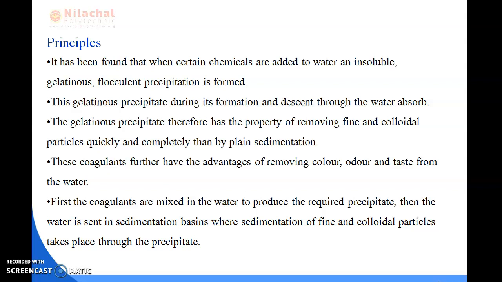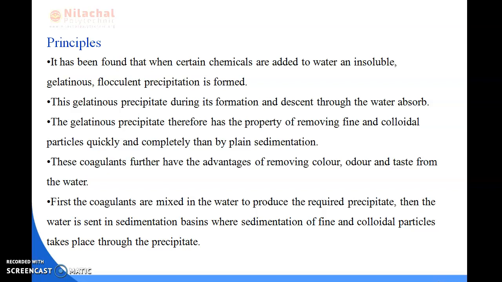It also has the advantage of removing taste, odor or any color from the water. First, the coagulants are mixed with the water to produce the required precipitate. Then the water is sent to the sedimentation basin where the fine and colloidal particles are removed.